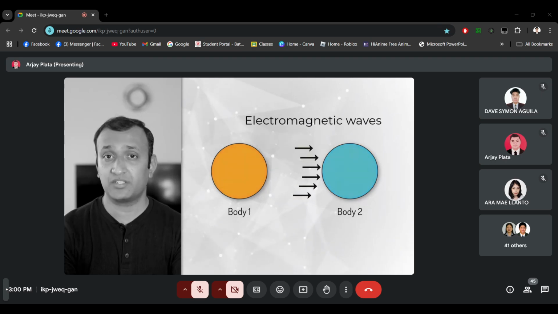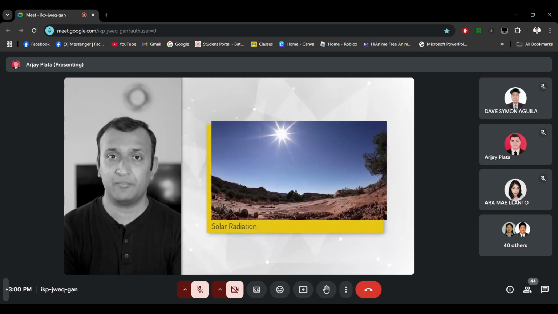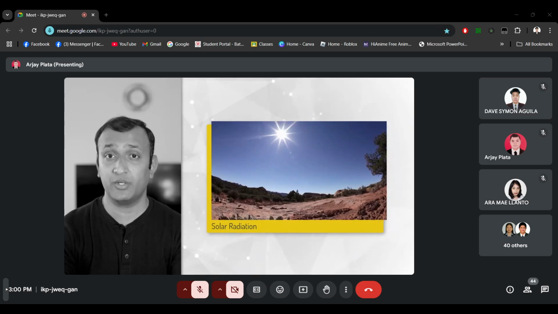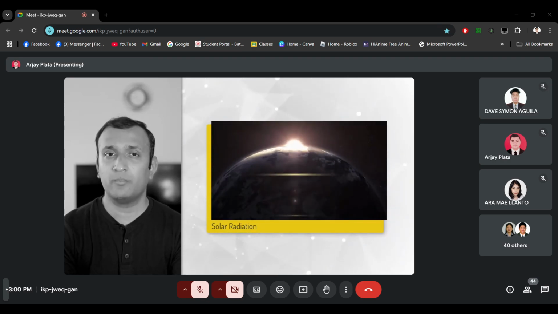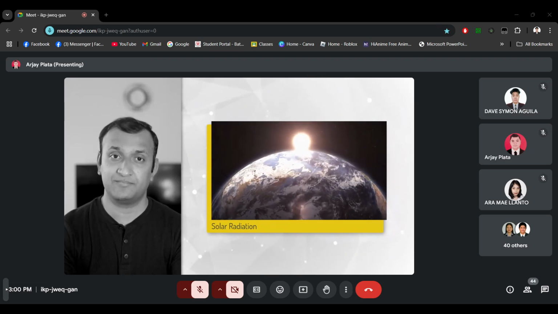The energy is transferred in the form of electromagnetic waves that travel at the speed of light. A classic example for thermal radiation is transfer of solar energy from sun to earth and other planets. The sunlight travels through millions of miles of vacuum and yet delivers heat energy.